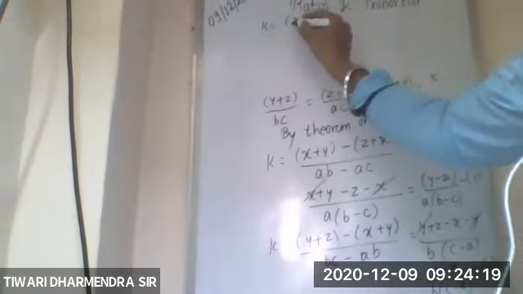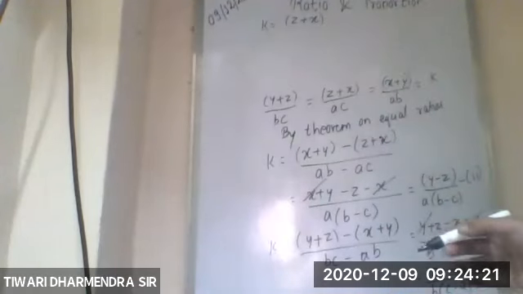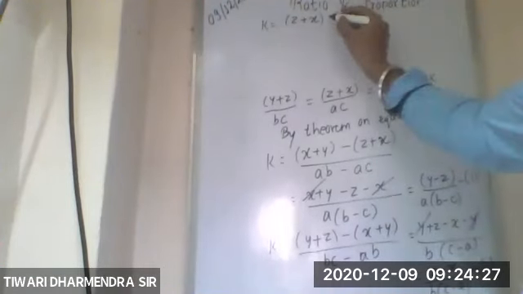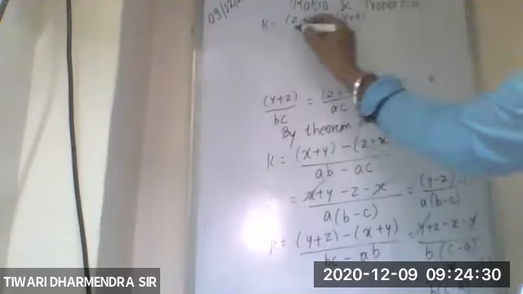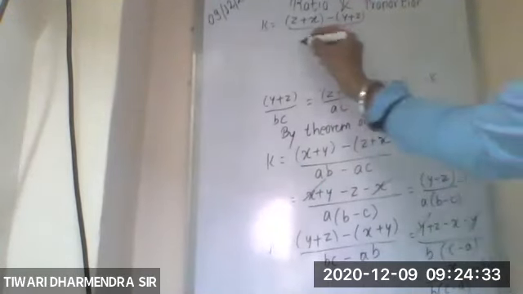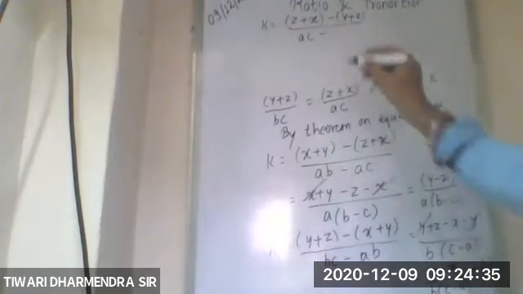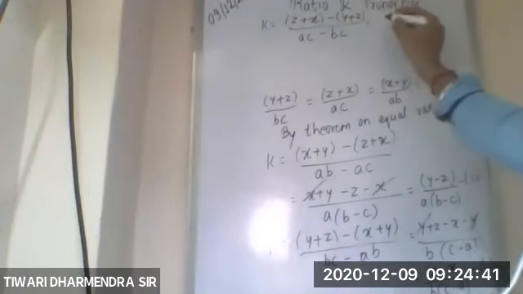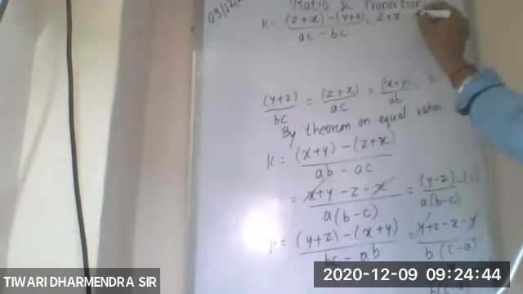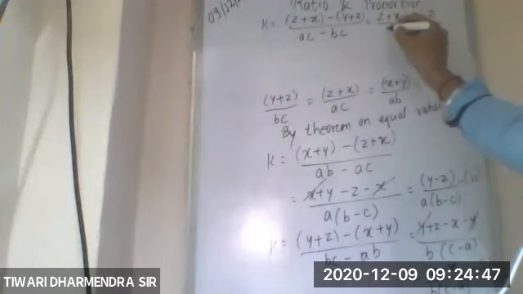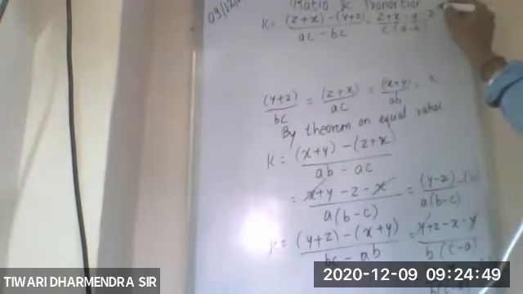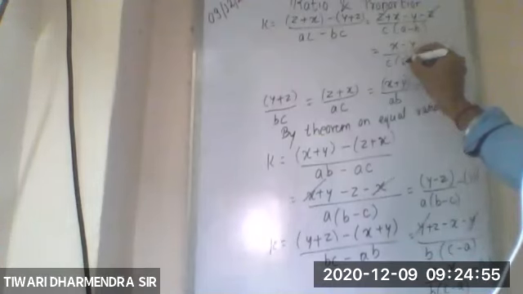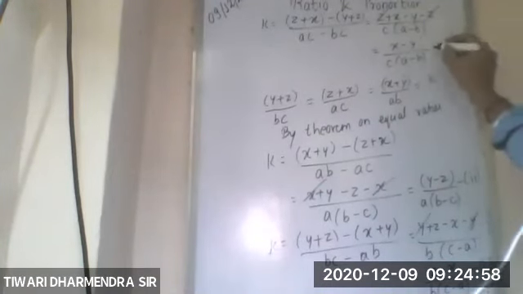So z plus x, since x is positive, we need to take x before: (z plus x) minus (y plus z), and AC minus BC. So after opening the bracket, (z plus x minus y minus z) upon C common, take it outside, A minus B. Z gets cancelled. What remains? (x minus y) upon C into (A minus B). This is equation number 4.